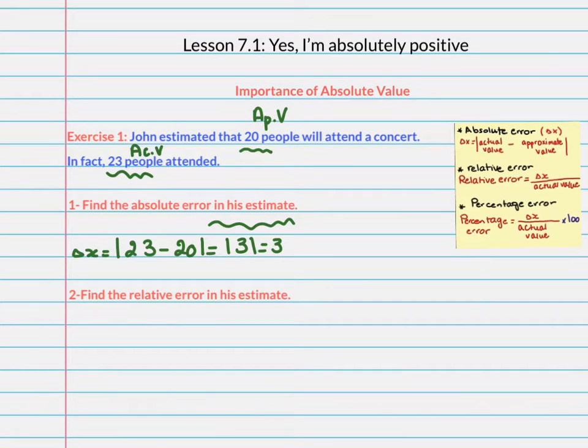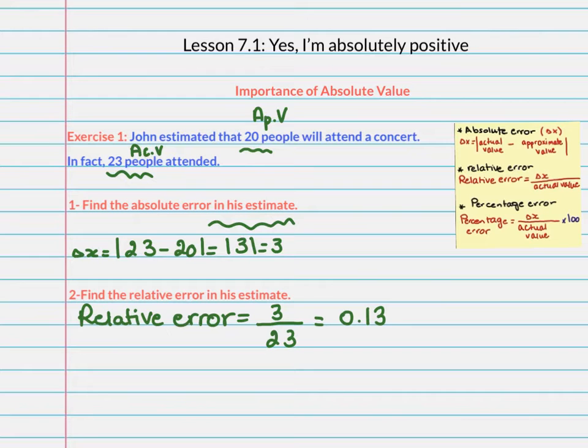Question number 2, find the relative error in his estimate. Relative error is equal to delta x divided by actual value. 3 divided by 23 will give us a value of 0.13.